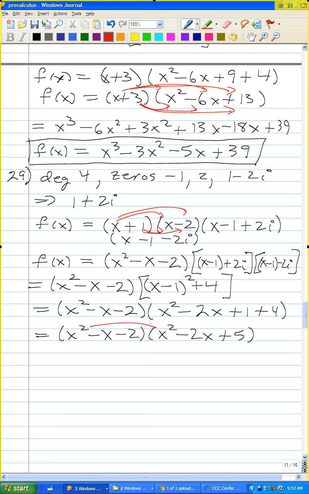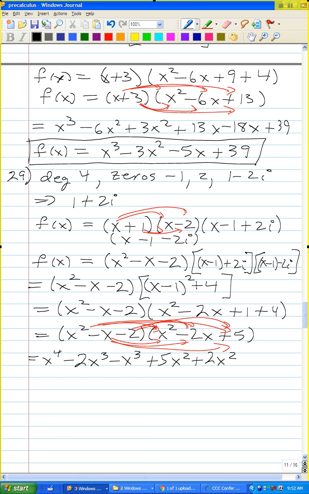So let's multiply all this out. And so I get x to the fourth minus 2x cubed minus x cubed plus 5x squared plus 2x squared minus 2x squared, and that would give me minus 5x plus 4x.